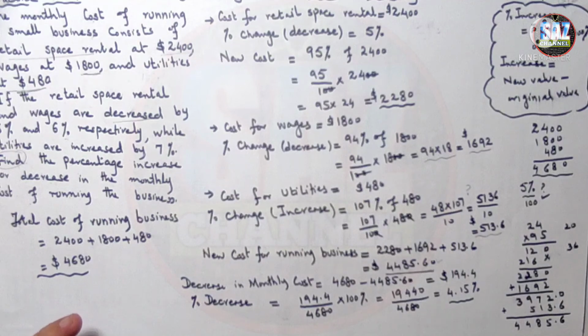Increase means that if originally you were getting 100 rupees for some job, and there is a 5% increase, then instead of 100 you will get 105. The increase is the difference of the new value and the original value, and to get the percentage increase or decrease, you apply the formula increase over original multiplied by 100%.